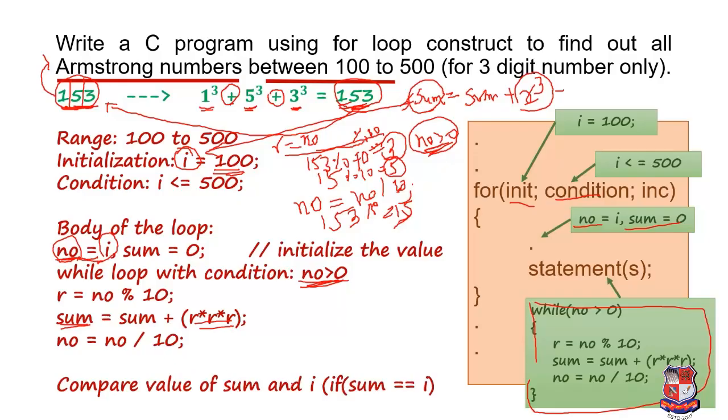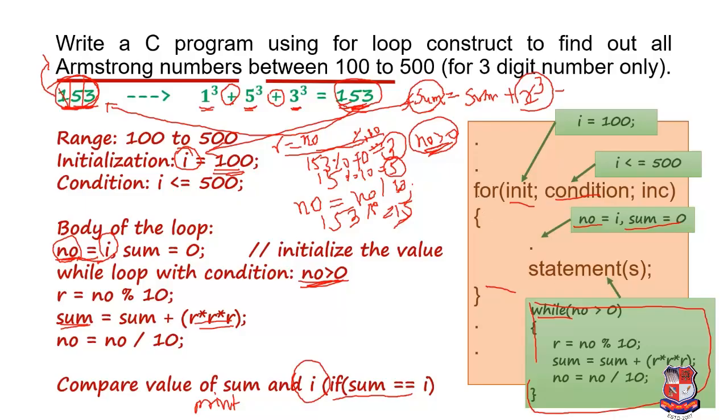Our original number is stored in I, so I'm comparing it using an if statement. If sum equals I, and this condition is true, then we can say that particular number is an Armstrong number. Then I have to write a printf statement over here, inside the outer loop but outside the inner loop.